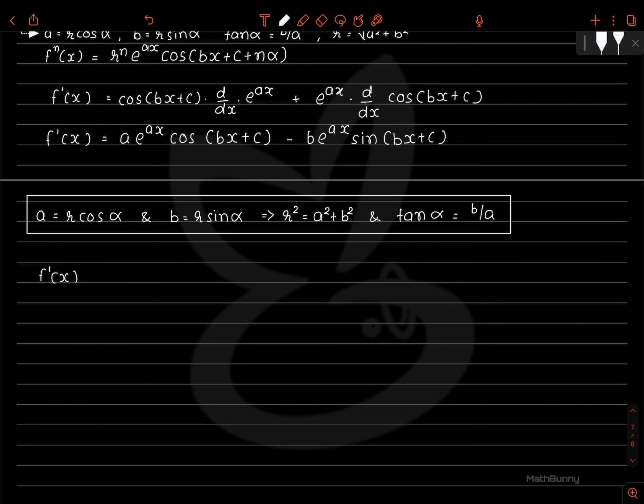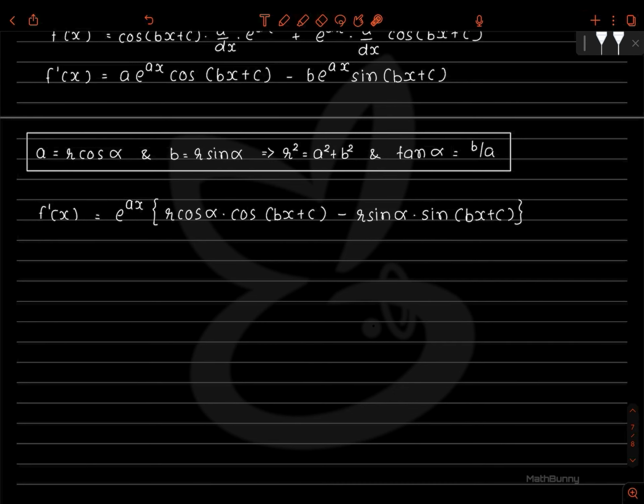F dash of x would be equal to e raised to ax into the bracket. We can write r cos alpha instead of a, r cos alpha into cos(bx + c), minus r sin alpha instead of b, r sin alpha into sin(bx + c).